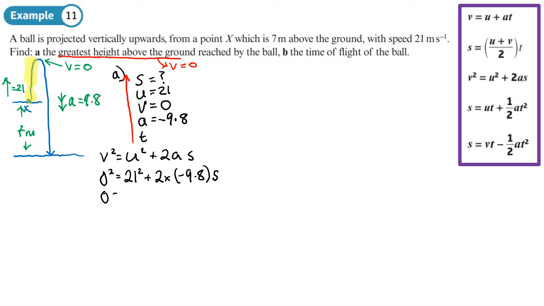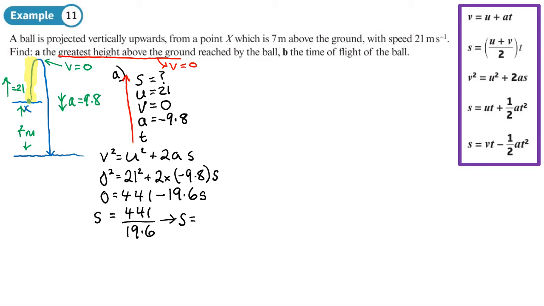Now 21 squared, that's 441. 2 times negative 9.8 is going to be negative 19.6 S. So we can just rearrange that to work out what S is. So that would be 441 divided by 19.6. So what do we get for S?